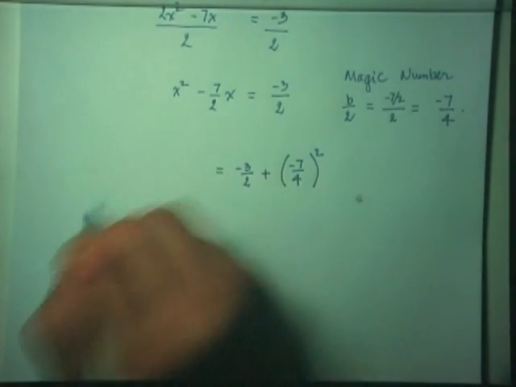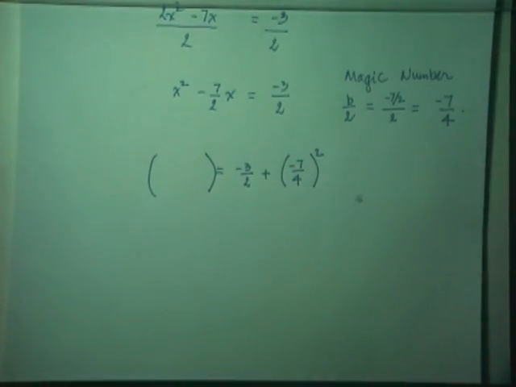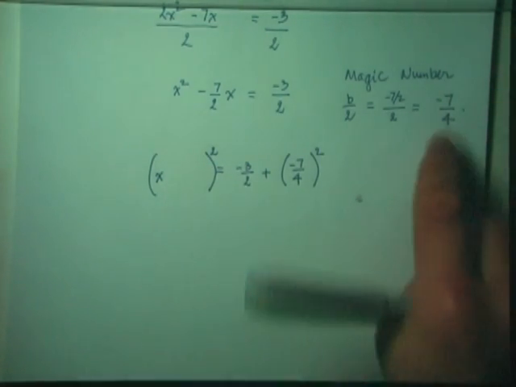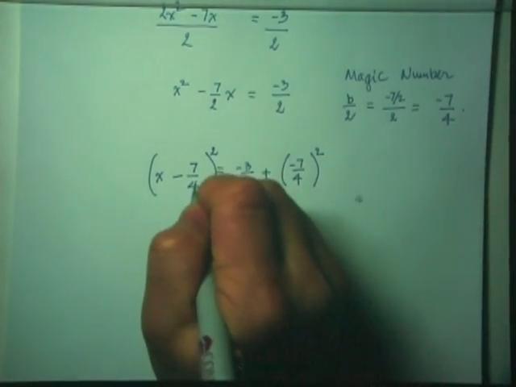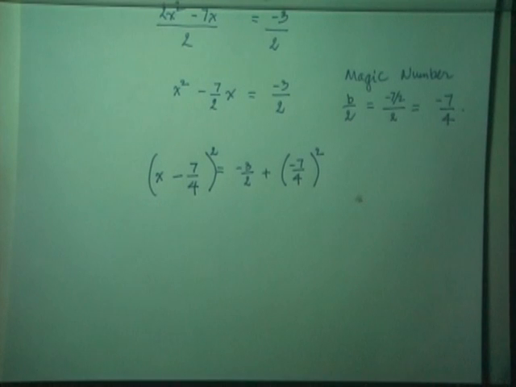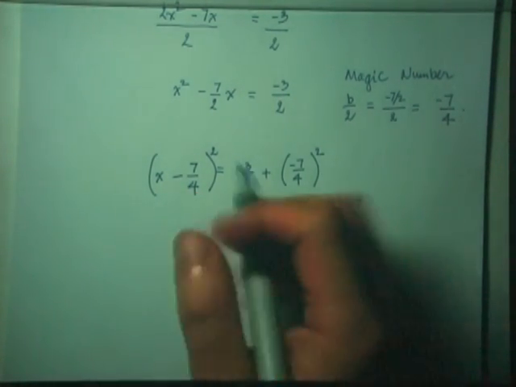The left-hand side, nothing is easier than producing for yourself a pair of parentheses with a square, and now you put the x here without the square, simply just the x. And now your magic number, you put it the way it is, negative 7 over 4. So watch out with the signs for the magic number. You put the magic number inside of the pair of parentheses. And all that here you square.